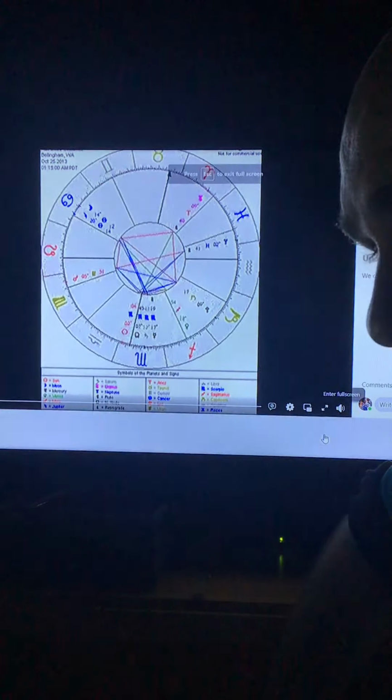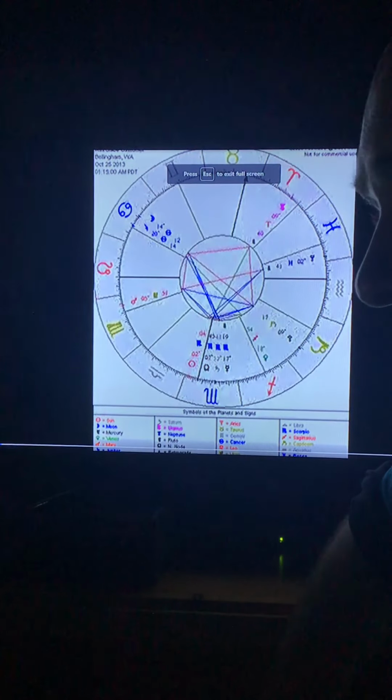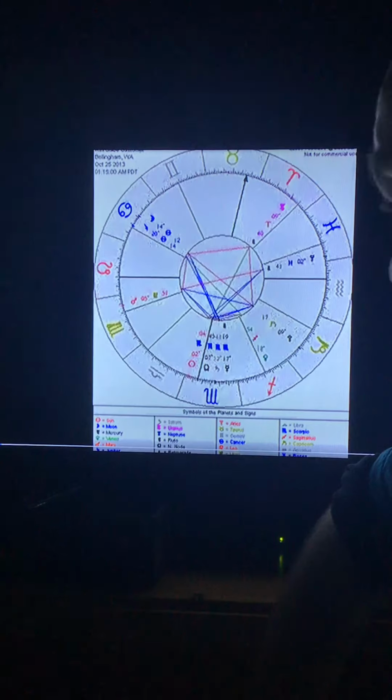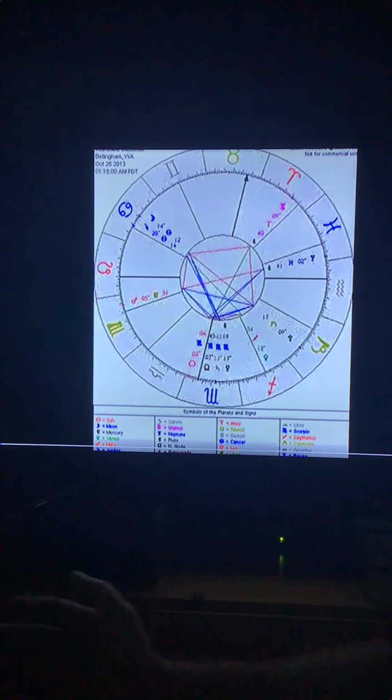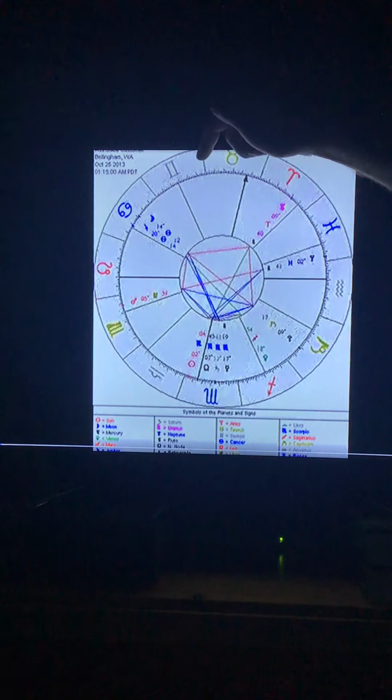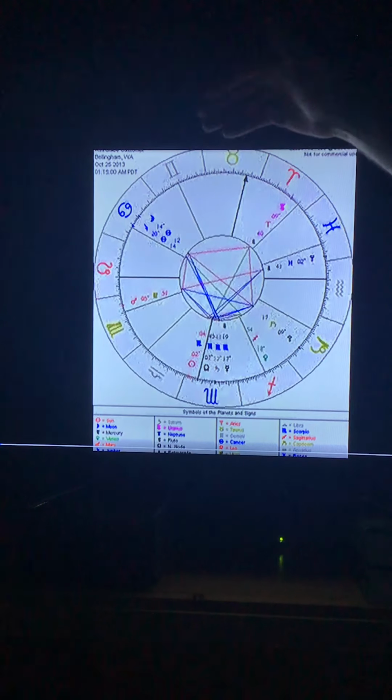This right here is the first frame of a video I made on how the chart wheel spins. I'm going to explain a few things, and then I'm going to push play, and you'll see how the whole natal birth chart actually moves. First off, this outer ring is the signs of the zodiac. They are always in the same order, there are 12 of them, and they are broken down into 30 sections, each called a degree.